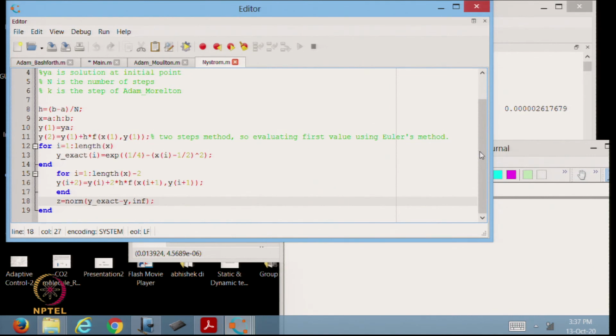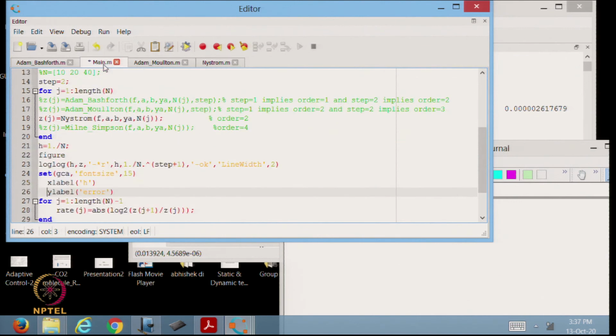Basically both of them should be consistent. So, I can press 1, though it is irrelevant, corresponding to Nystrom, but I am mentioning modifying this step is equal to 1 so that the h square line is plotted parallel to the actual error, because the order of the method is 2.